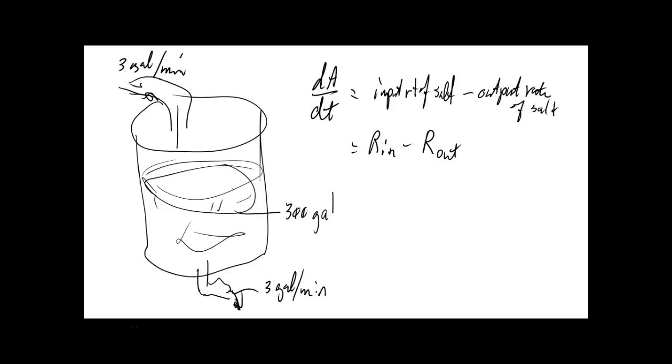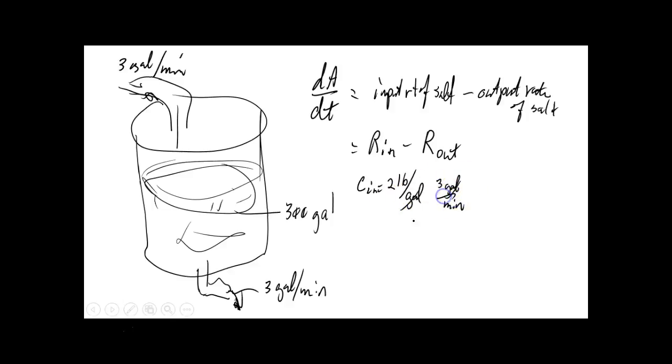Now, they give you some numbers here. The concentration of salt in the input, so concentration in, is 2 pounds per gallon. The rate of flow in is 3 gallons per minute.